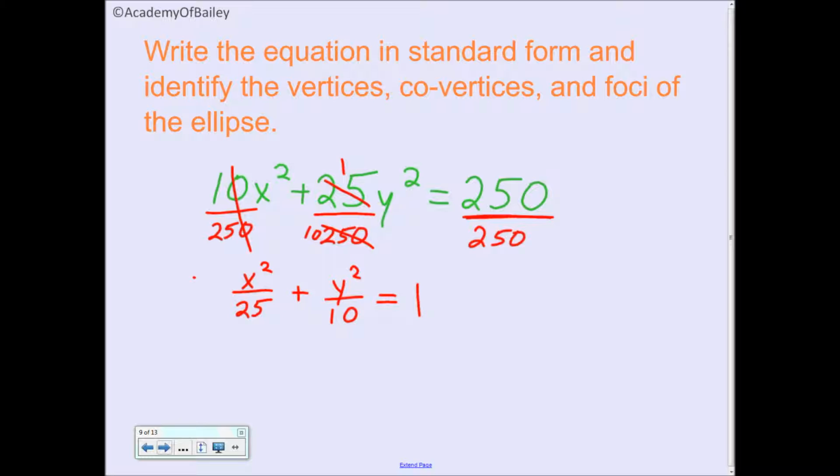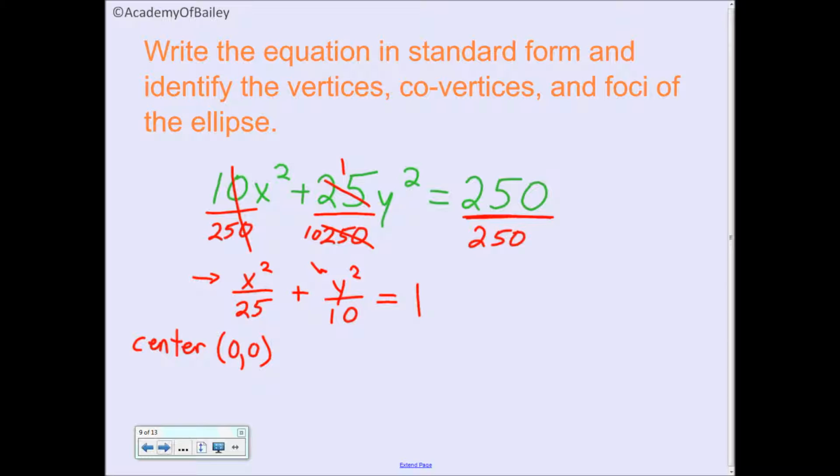Well, since we noticed that it does not say x minus something, like x minus h, we know that the center is going to be 0, and also it doesn't say y minus k, so 0, 0 is the center. I know that's not something that was asked of us to determine, but you do need this in order to identify the other stuff.